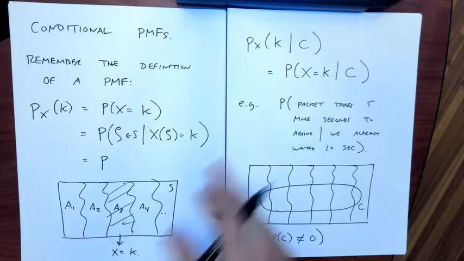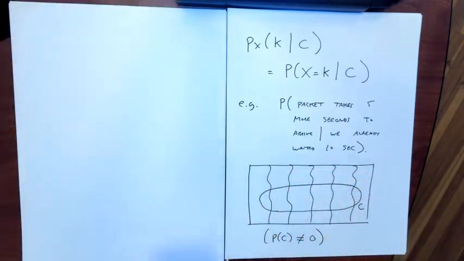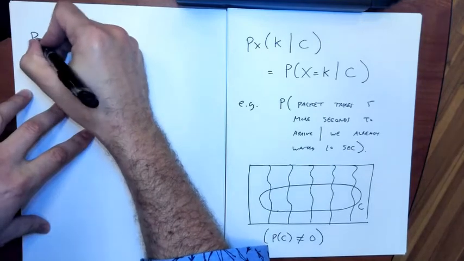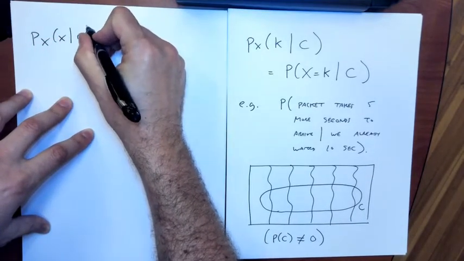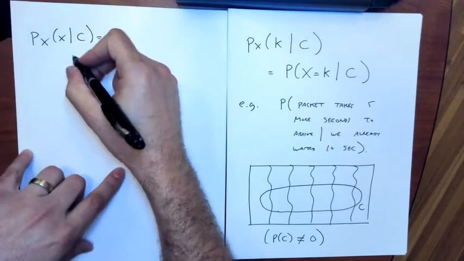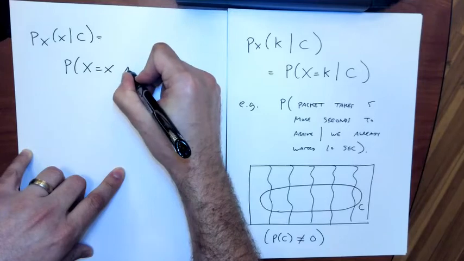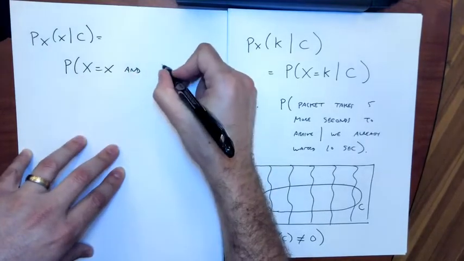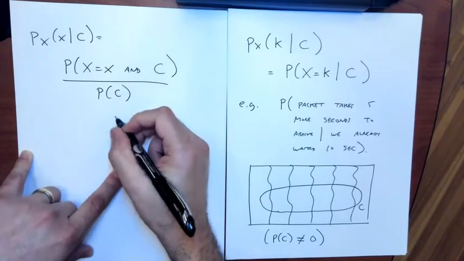So let me be explicit about what this means. This is like saying the probability that I get a given value given this condition is the probability that I get this and that this condition is true, over the probability that the condition is true.